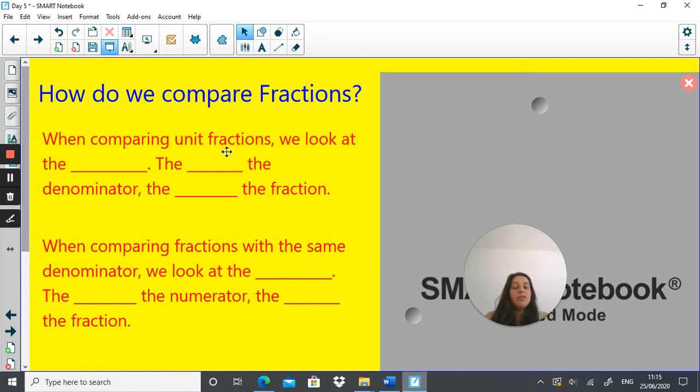When comparing unit fractions, we look at the denominator. The larger the denominator, the smaller the fraction. When comparing fractions with the same denominator, we look at the numerator. The larger the numerator, the larger the fraction. Well done if you remembered the missing words.